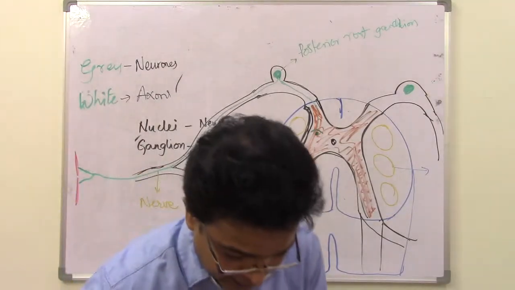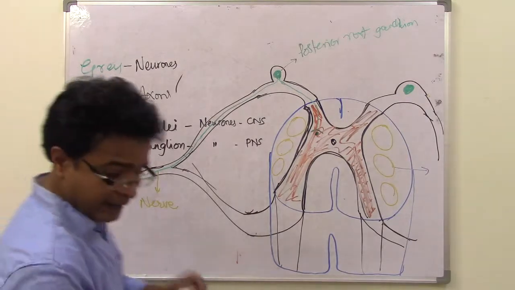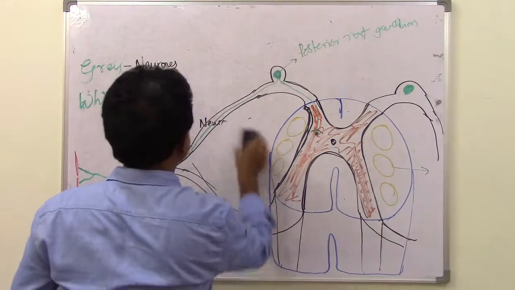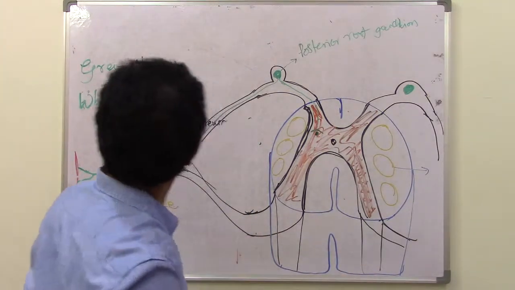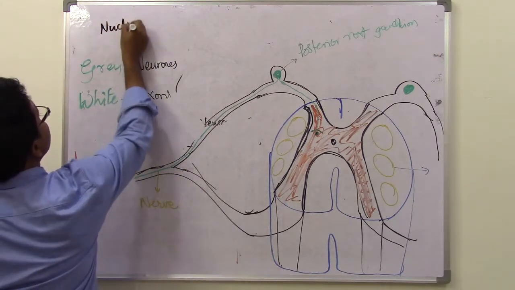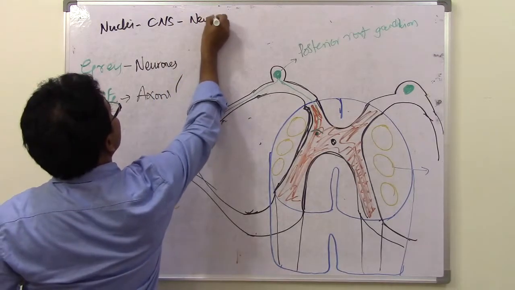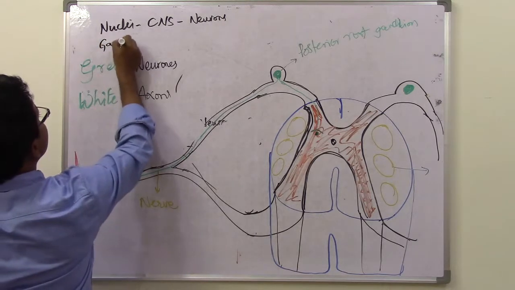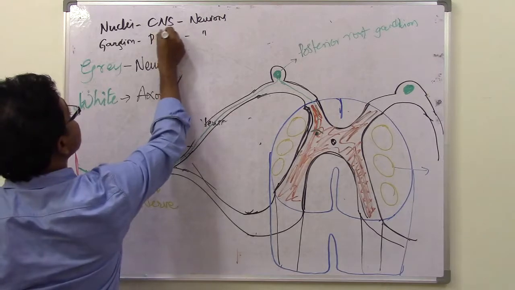Okay, next, another word we need to understand apart from nuclei and ganglion. So you have nuclei in the central nervous system, which is a collection of neurons, and ganglion is a collection of neurons in the peripheral nervous system.